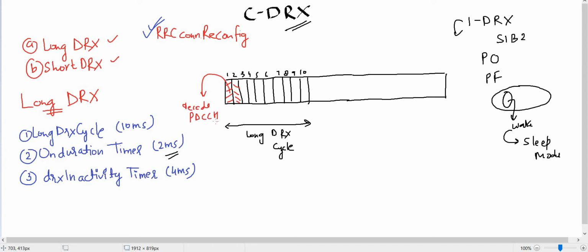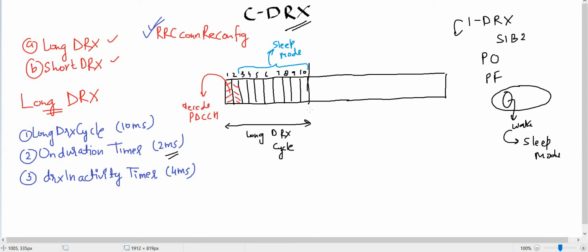If some data is there, then it will receive that data, and if there is no data, then it will go back to sleep mode. So this is sleep mode for the UE.